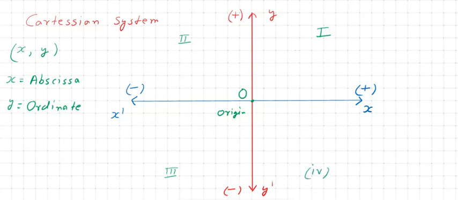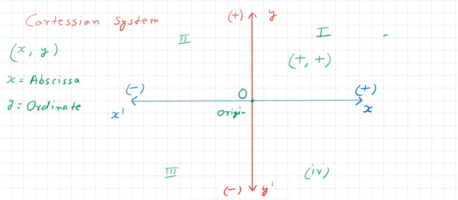If we look at the first quadrant, x is on the right side, so it is positive, and y is on the upper side, so it is also positive. So in the first quadrant, the coordinates are in the form positive, positive.